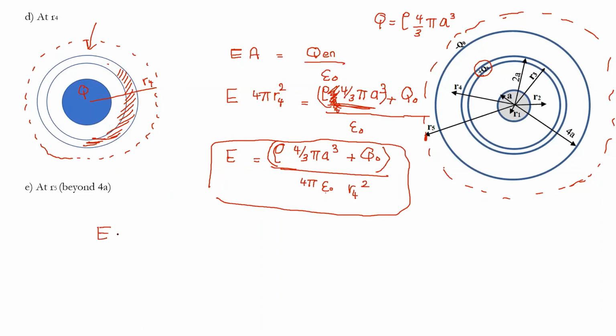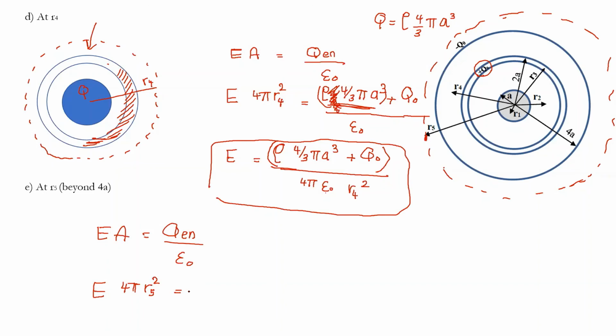So for EA, it is Q enclosed over epsilon naught, right? Can you see we are repeating the same things again and again? E is what we are going to find. A is the area of your Gaussian sphere, which is 4 pi R5 to the power 2.